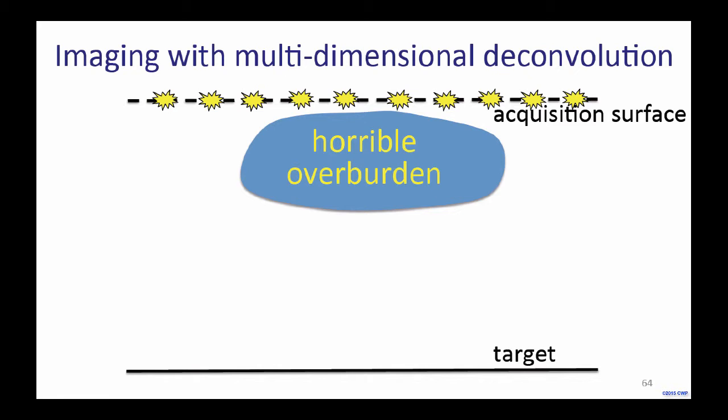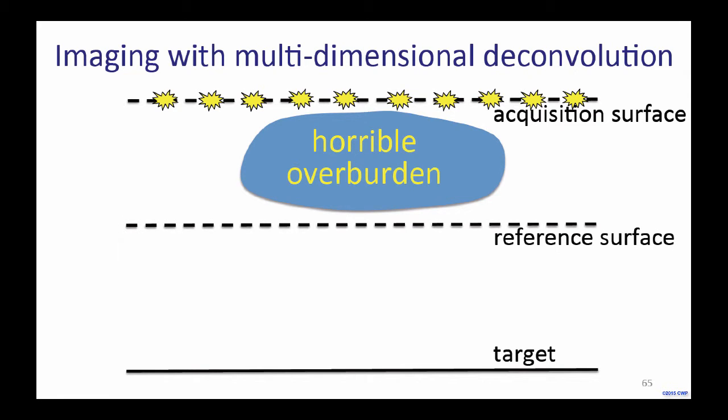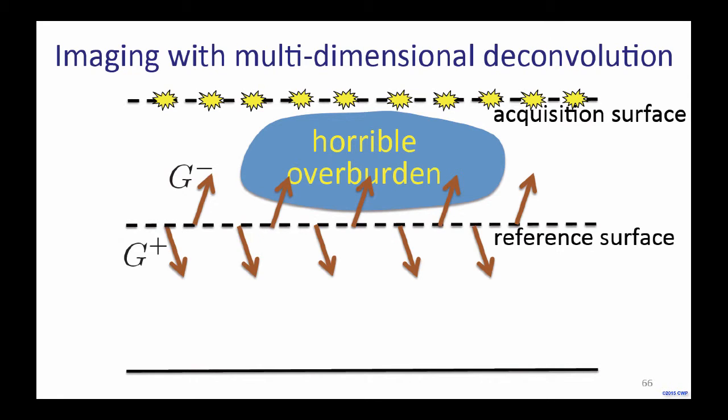The other 2 scenarios are more complicated. So let's say you have an acquisition surface, you have a horrible overburden, think of salt, there's a target below, you define a reference surface, and you apply your Marchenko imaging condition to any point on that reference surface. So now you know the upward component and the downward component of the Green's function at any point at your reference surface.